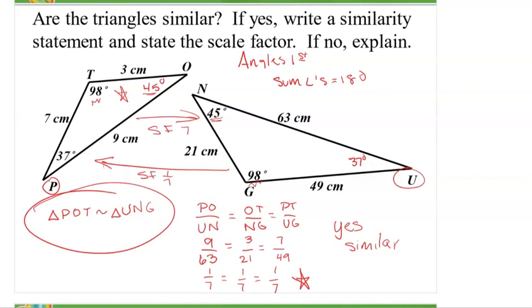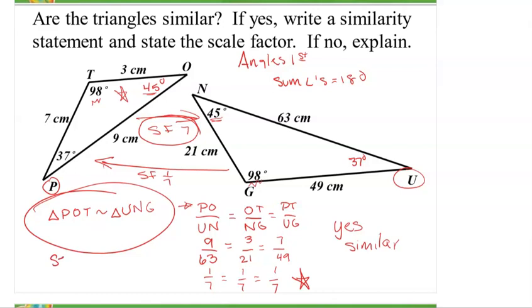Okay, and then we're going to look at the scale factor. The scale factor from POT to UNG is going to be 7 because I'm going to go bigger to get to the bigger shape. And the scale factor from UNG to POT, the POT ones are on top.